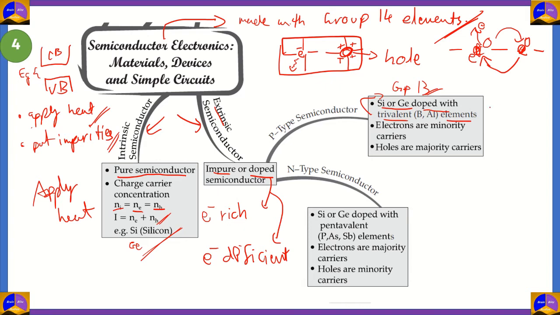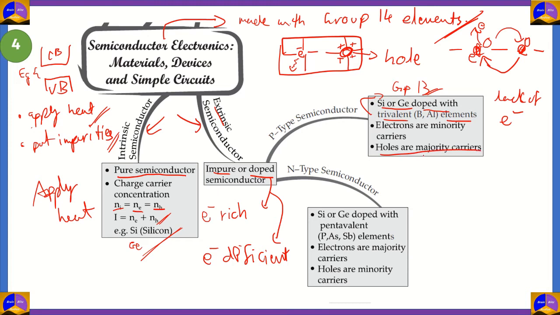Now, the speciality here is that there occurs a lack of electrons. So when there is a lack of electrons in boron or aluminum, the electrons start flowing towards these vacant spaces in boron and aluminum. And when that happens, the silicon atoms now have holes present. So the holes, in this case, become the majority carriers.